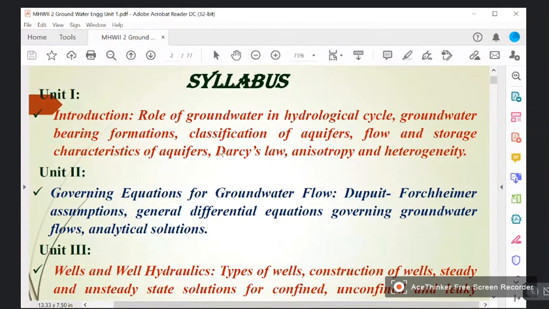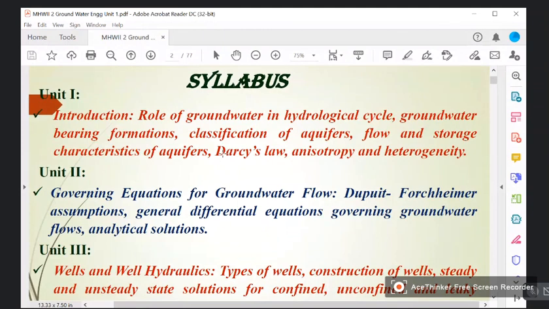Groundwater bearing formations, that is aquifer, aquiclude, aquifuge, aquitard, confined aquifer, unconfined aquifer, perched aquifer, and then flow and storage characteristics: specific yield, specific retention, porosity, void ratio, storage coefficient, and then Darcy's law.